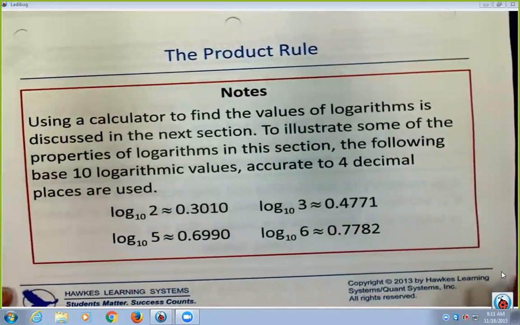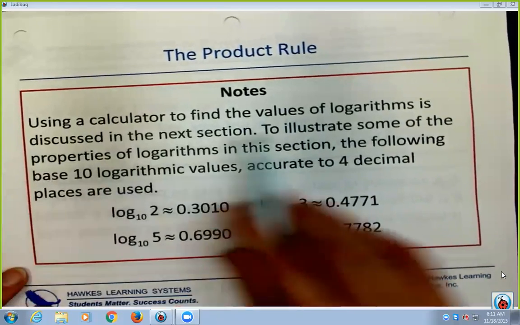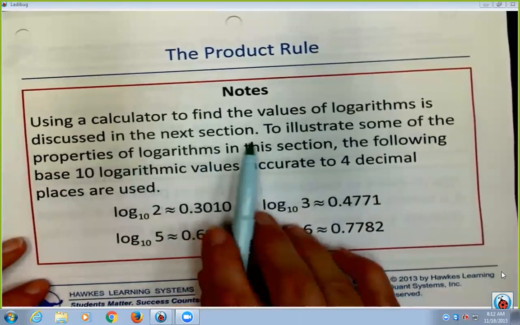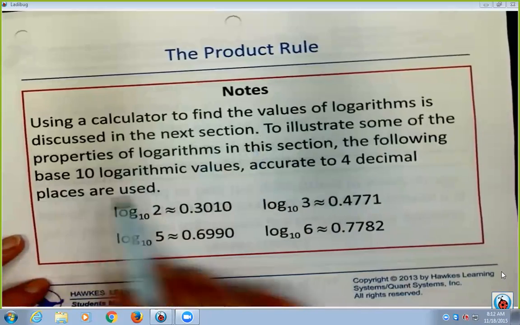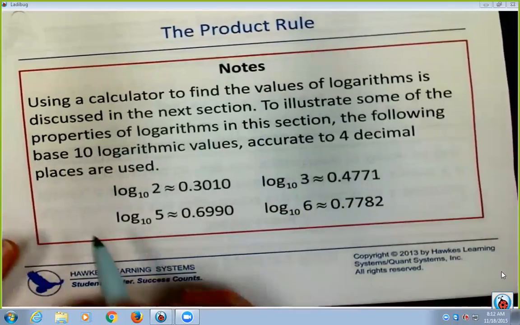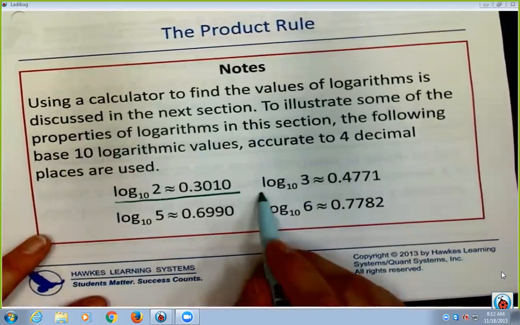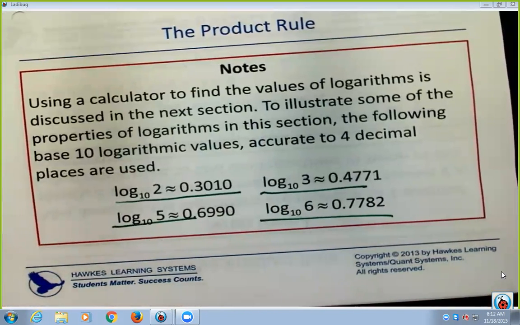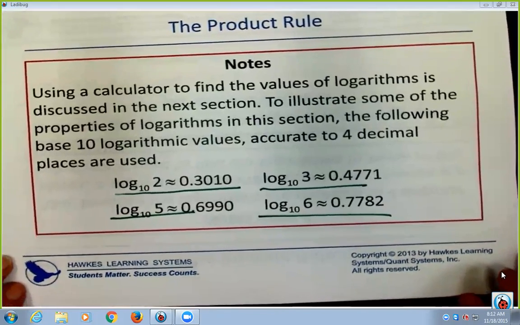Using your calculator to find the values of logarithms is discussed in the next section. But to illustrate some of the properties, we're going to give you some values that these things are going to be equal to, and we're going to play around with those for a little bit and see what we can come up with for answers.